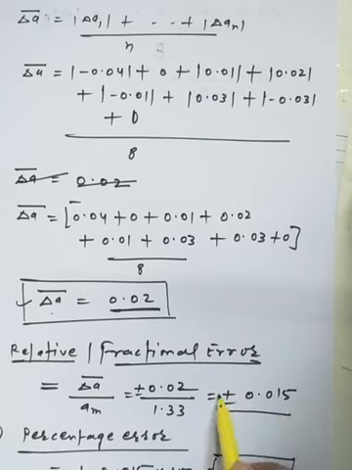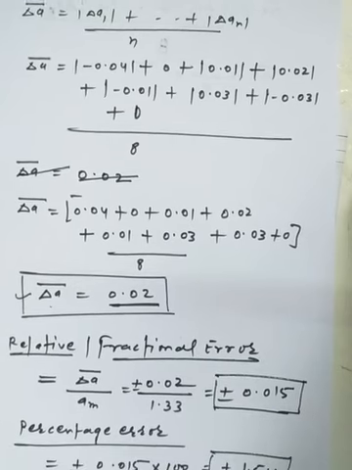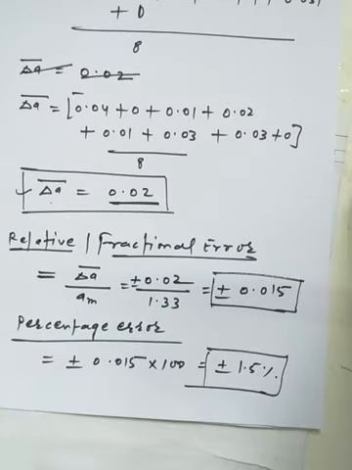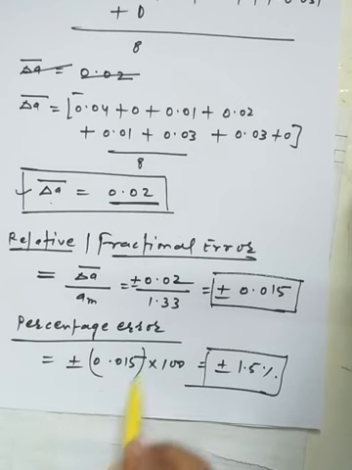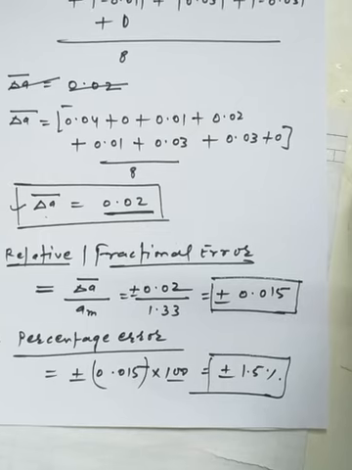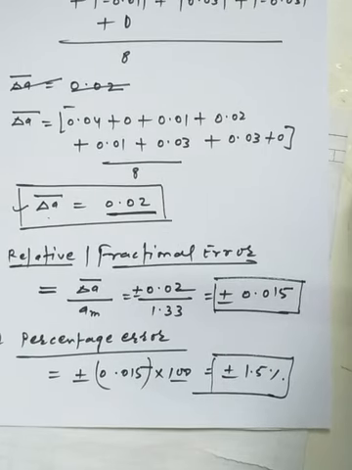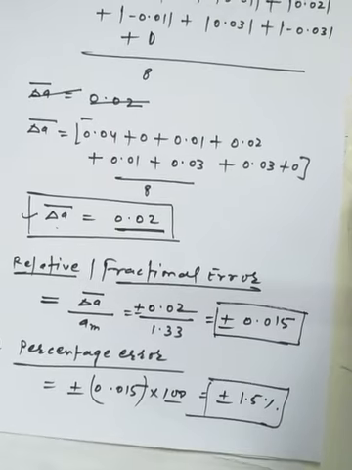Generally the absolute error moves from plus to minus, so we get the plus and minus sign. Then for the percentage error, we multiply the fractional error by 100, so it converts into a percentage. So it is a general derivation and a numerical problem that we can easily attempt.